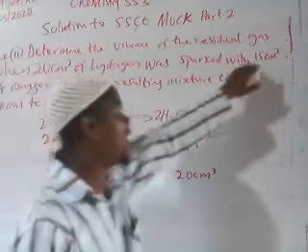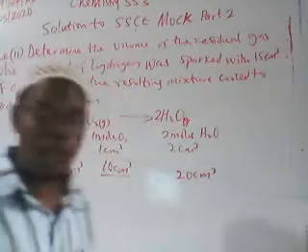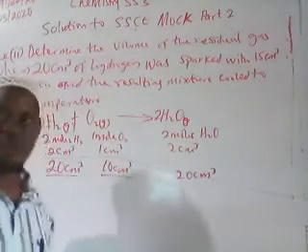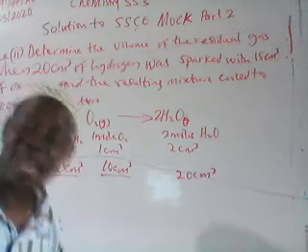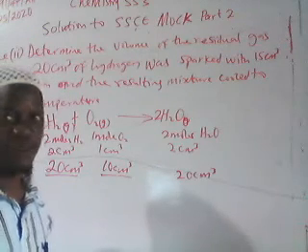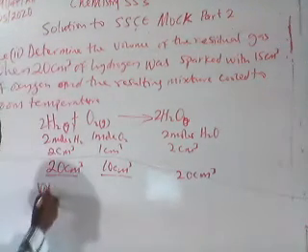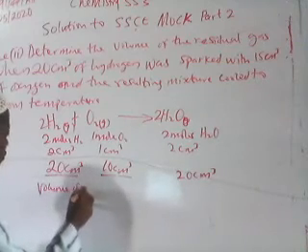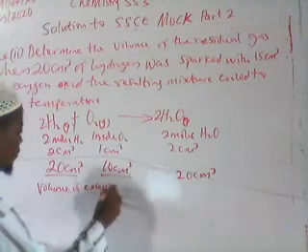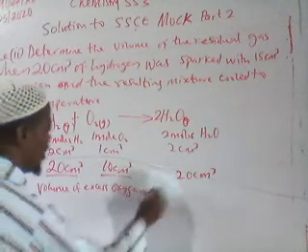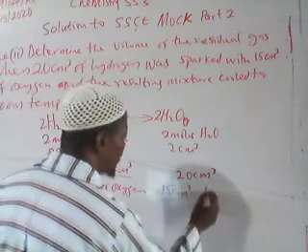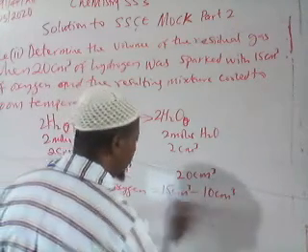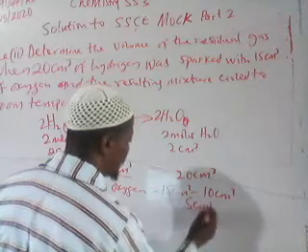We had 15 cm³ of oxygen, but we needed only 10 cm³. It means oxygen is in excess. So the volume of excess oxygen is 15 cm³ minus 10 cm³, which is equal to 5 cm³.